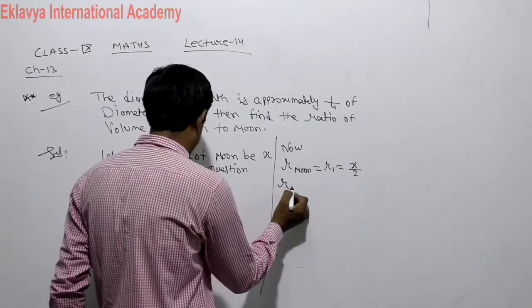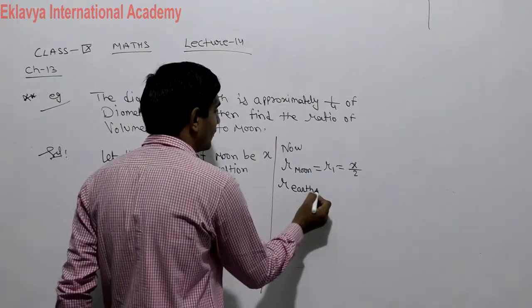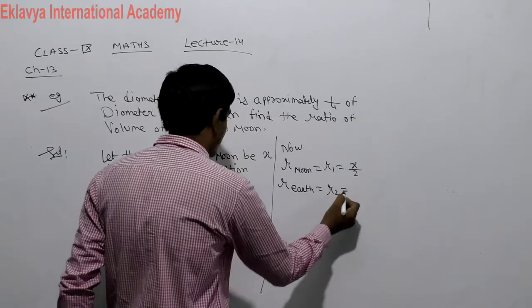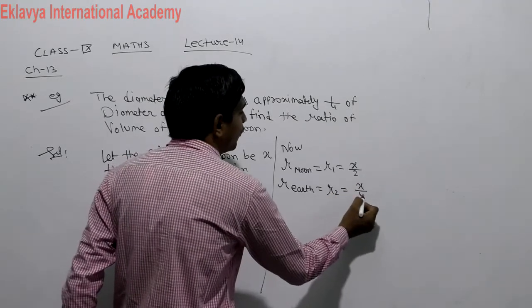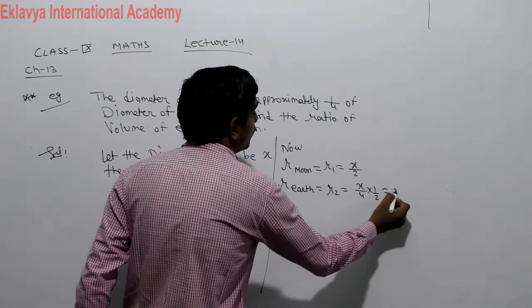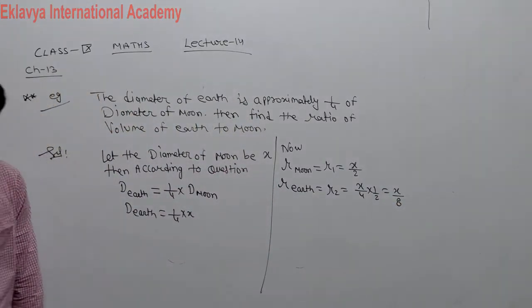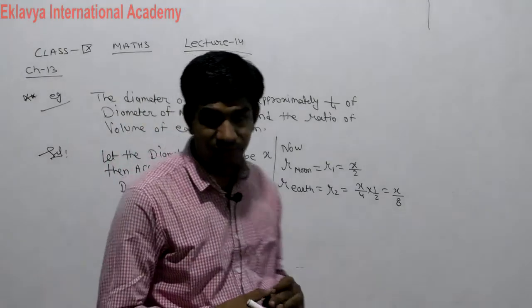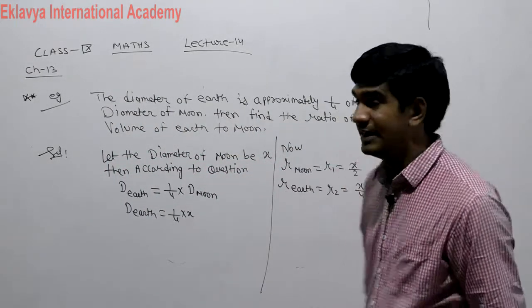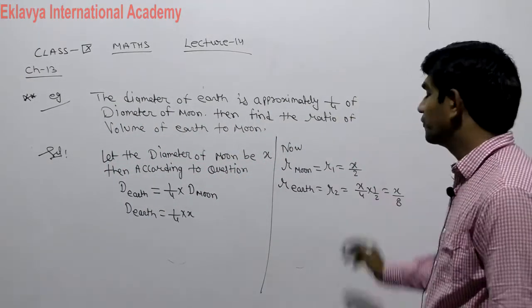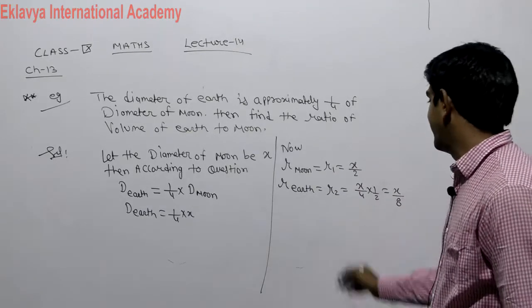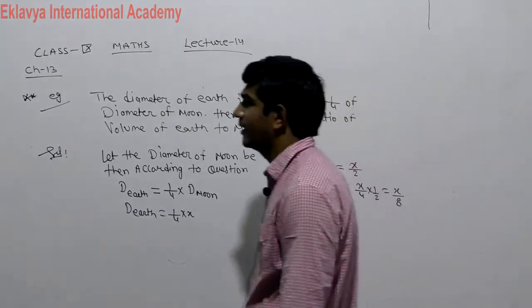And what is the radius of earth? Radius of earth is r2. Diameter is x/4, then radius is 1/2 of that, which becomes x by 8. So here, using the given relationship, we find that the radius of the moon is x by 2 and the radius of earth is x by 8.